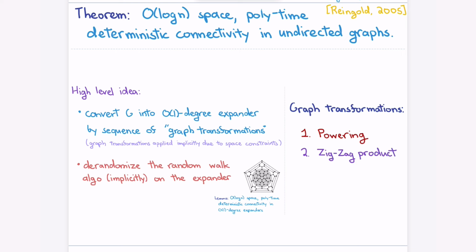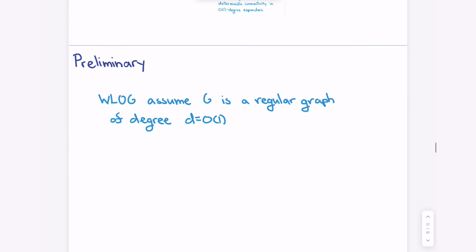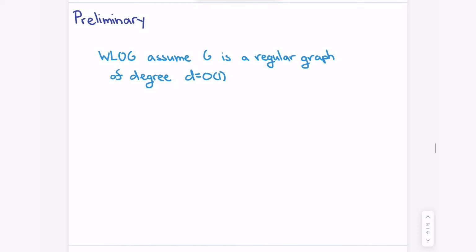The other one is going to be this mysterious zigzag product. Like many things in TCS, we give the most intimidating possible name to something, and then we'll spend all class trying to unravel and remove the stigma from the name, and then it'll make sense. So we're just assuming the graph is constant degree to start. Again, this is just coming from splitting high degree vertices, and then you just need to do that implicitly. It's not so bad.